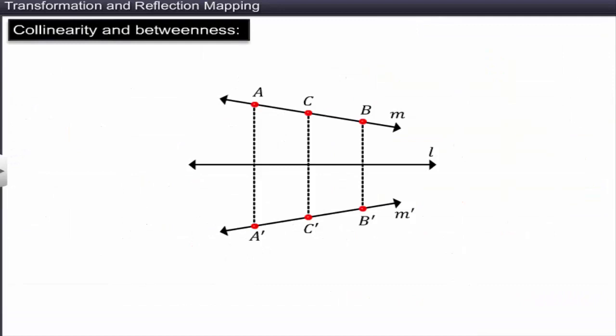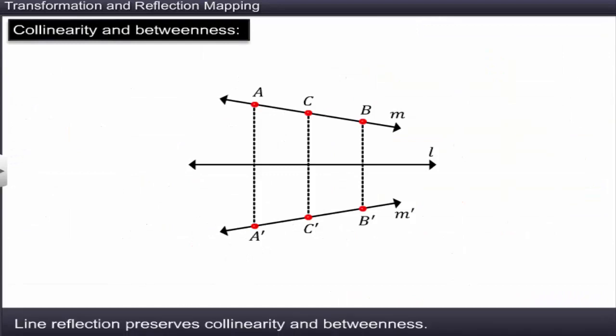Observe that all the 3 points lie on line M'. This means line reflection preserves collinearity. Also, point C' lies between A' and B', which means that line reflection preserves betweenness too. Hence we conclude that line reflection preserves collinearity and betweenness.